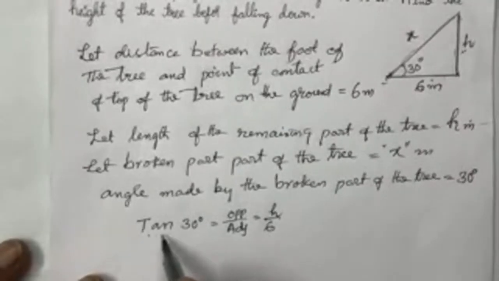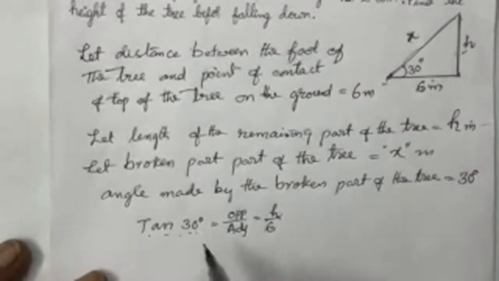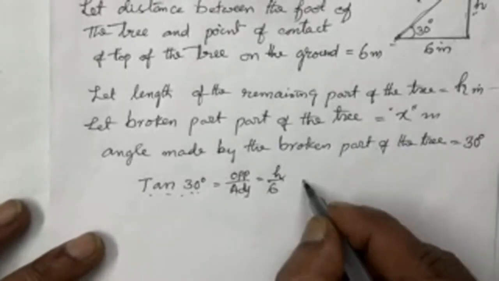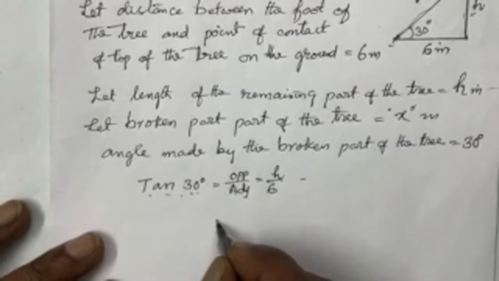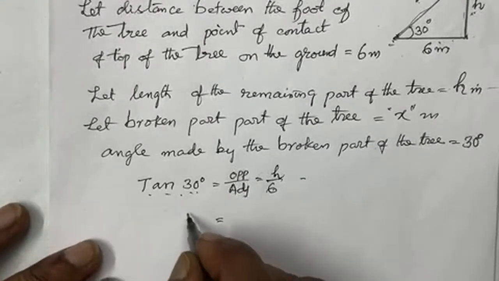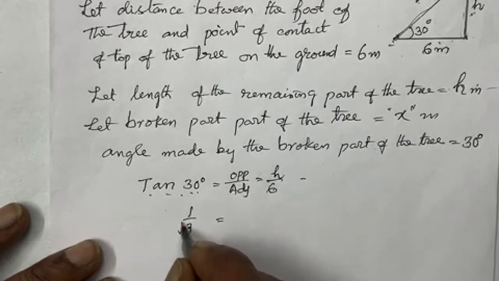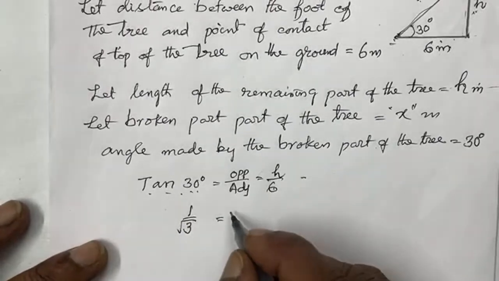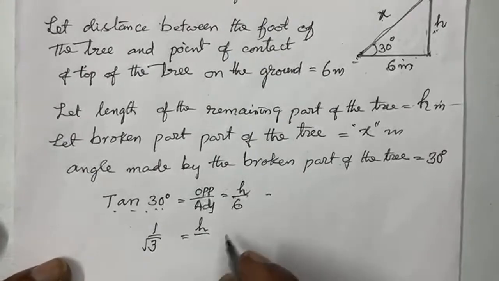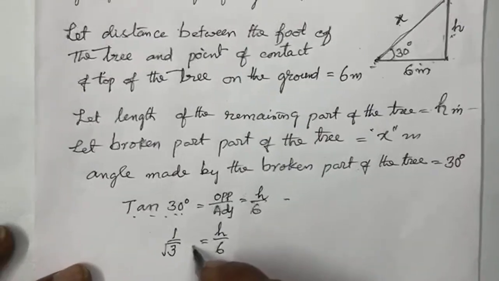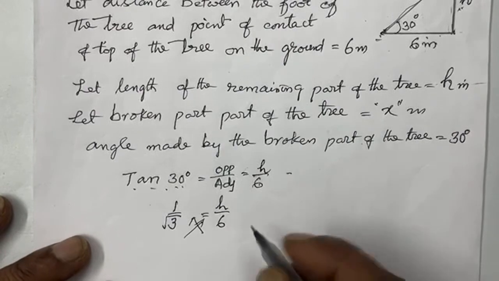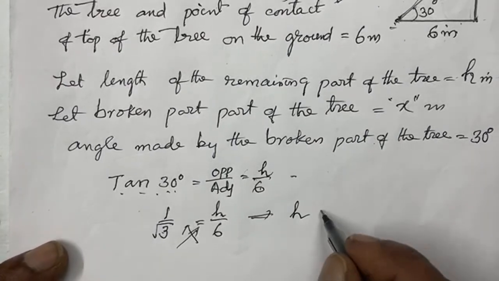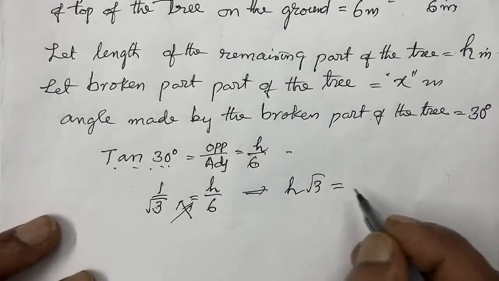We know the value of tan 30 is 1 by root 3, and the opposite is h and the adjacent is 6. Now we apply cross multiplication: h root 3 equals 6 into 1.